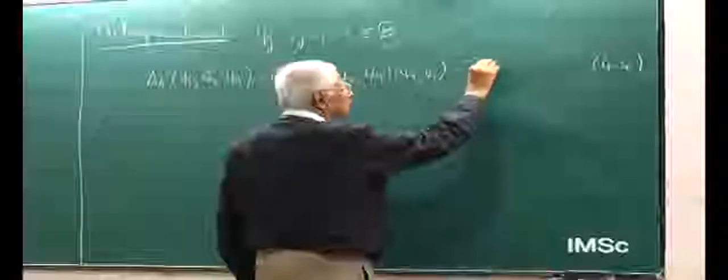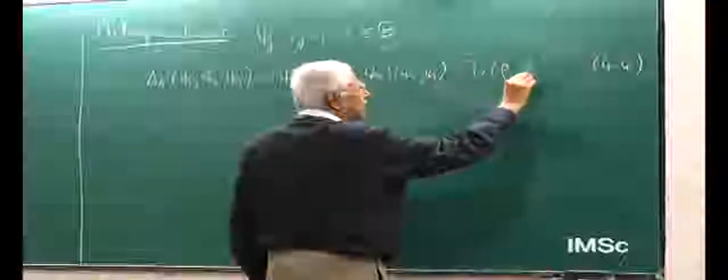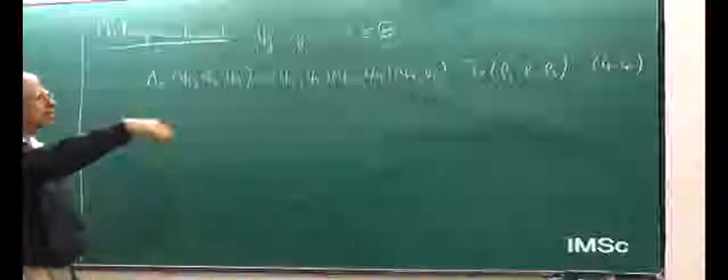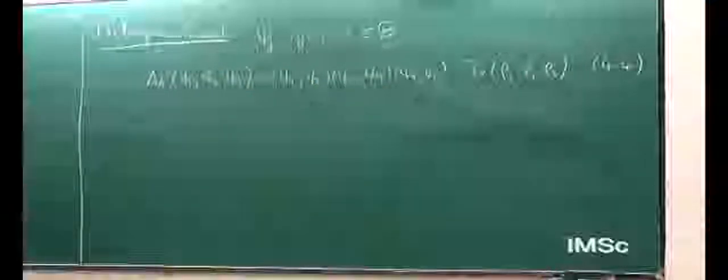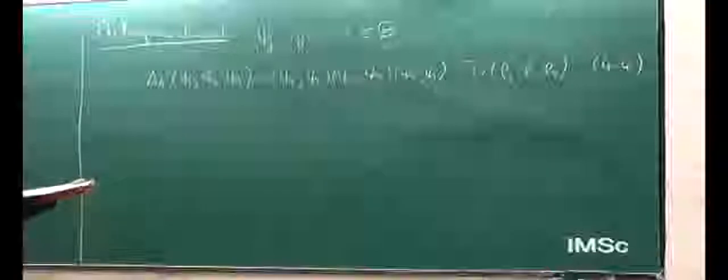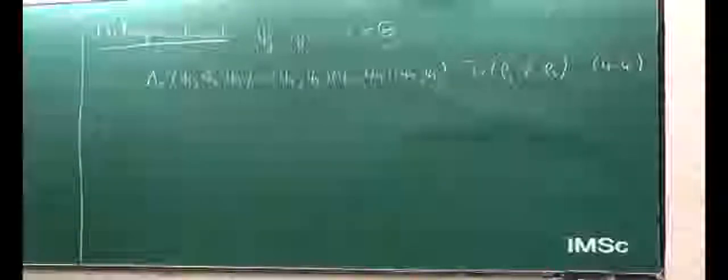And in fact, you can see that it is really the trace of the product of the three corresponding density matrices, rho 1, rho 2, rho 3, rho 1 being psi 1 psi 1 adjoint, and so on. So this Bargmann invariant is a ray space quantity.